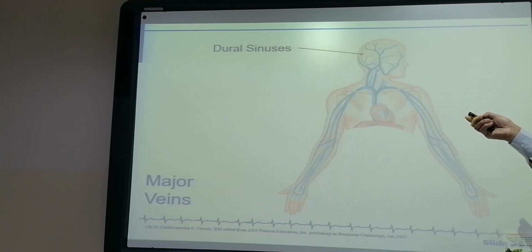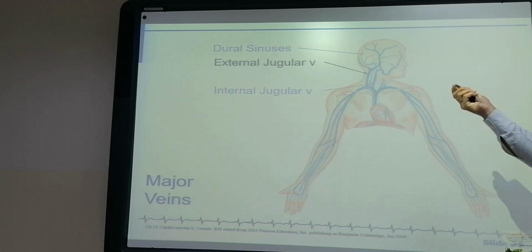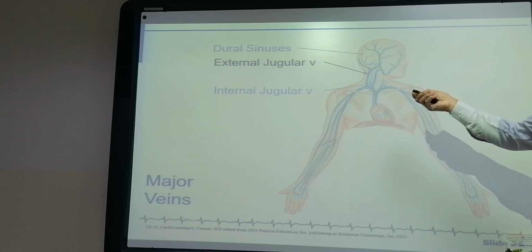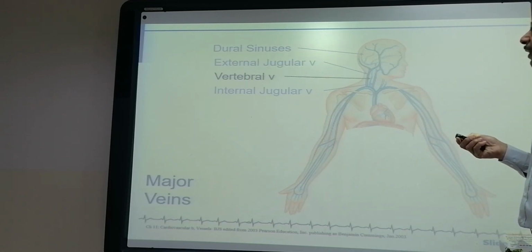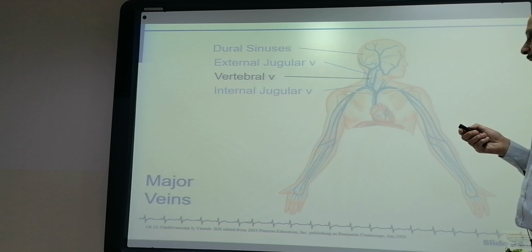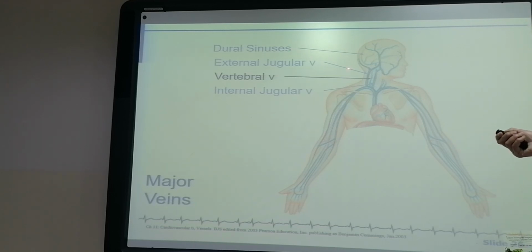We have the skull and the dural sinus, which drain the blood to the external and internal jugular vein and vertebral vein.